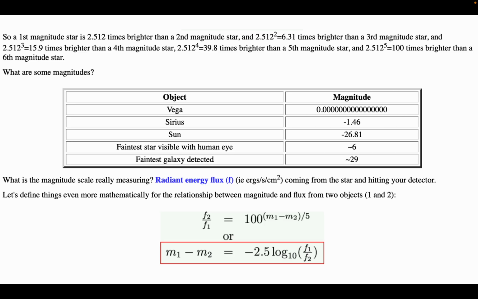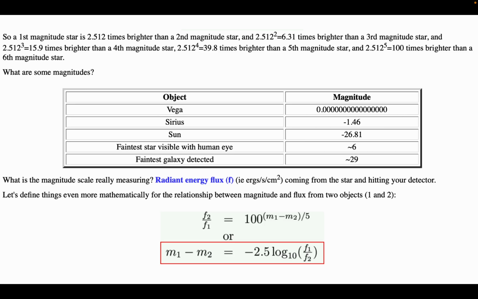So, what is the magnitude scale really measuring? The radiant energy flux, that is the energy in ergs per second per centimeter squared coming from the star or any object and hitting your detector, is measured by this magnitude scale. We can define it mathematically, with f1 and f2 as the flux from object 1 and object 2.